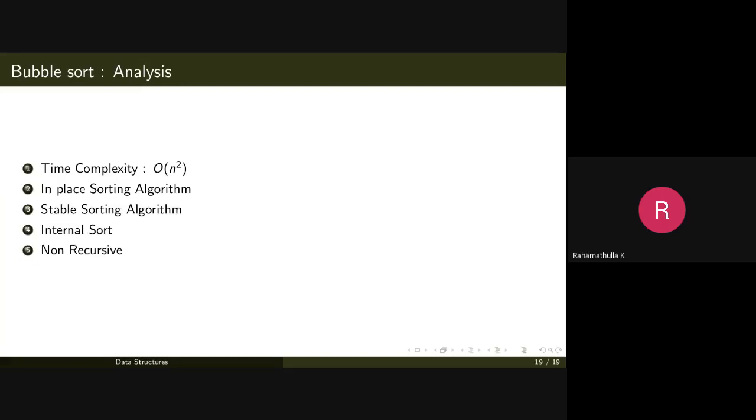That is the definition of a stable sorting algorithm. Bubble sort is an internal sort algorithm, and it is a non-recursive sorting algorithm. So that's all about the bubble sort algorithm.